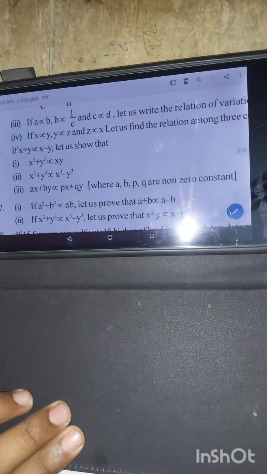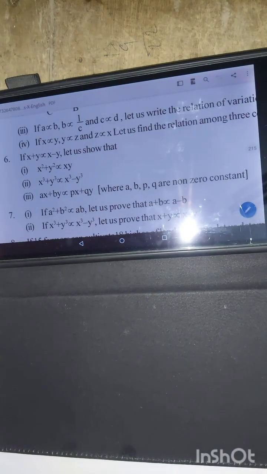Roman 2 of question number 6 says we have to show x cube plus y cube varies as x cube minus y cube from the given relation.